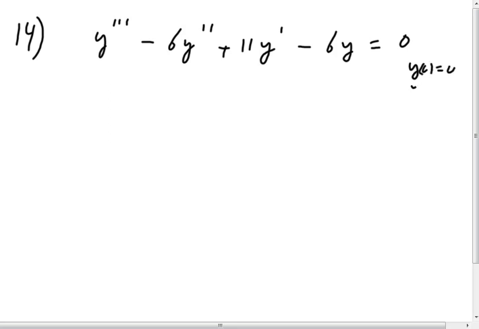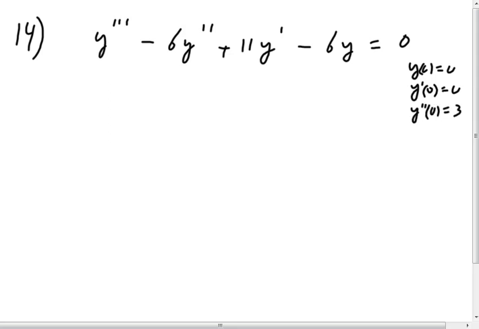y triple prime minus 6 y double prime plus 11 y prime minus 6 y equals 0, and I've got y of 0 equals 0, y prime of 0 equals 0, y double prime of 0 equals 3.